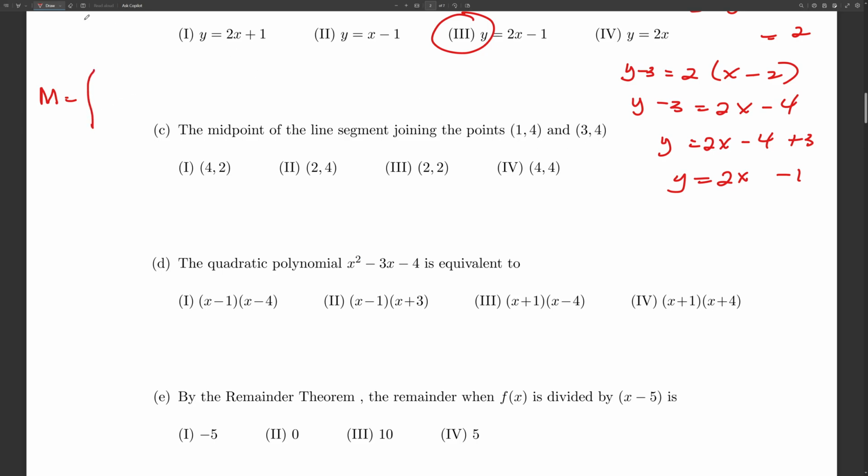I'm going to take 3, take x1, add it to my x2, 1, comma, and take my y2, add it to my y1, all over 2. And this should give me 3 plus 1 is 4, 4 upon 2, so 2. And 4 plus 4 is 8, and 8 divided by 2 is 4. So therefore my answer is 2, 4. So I'm going to pick here.